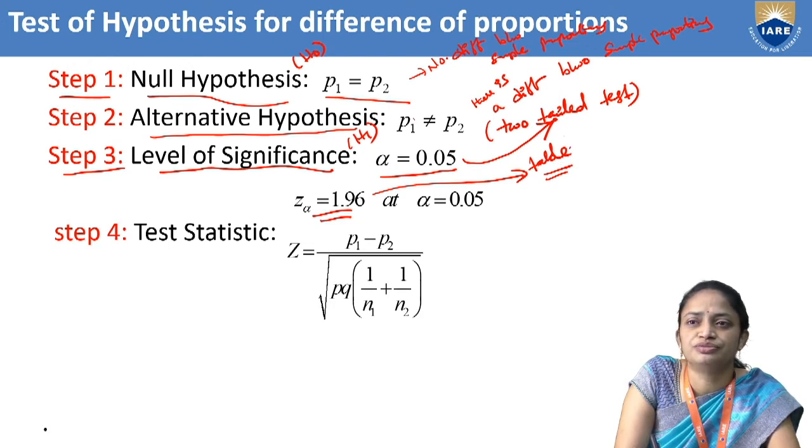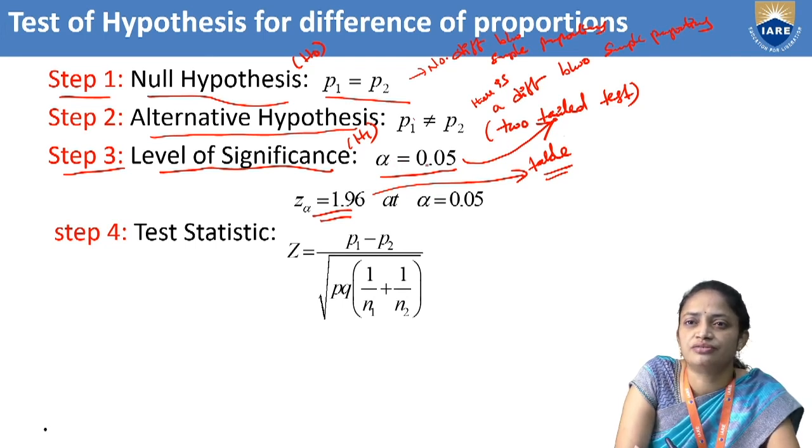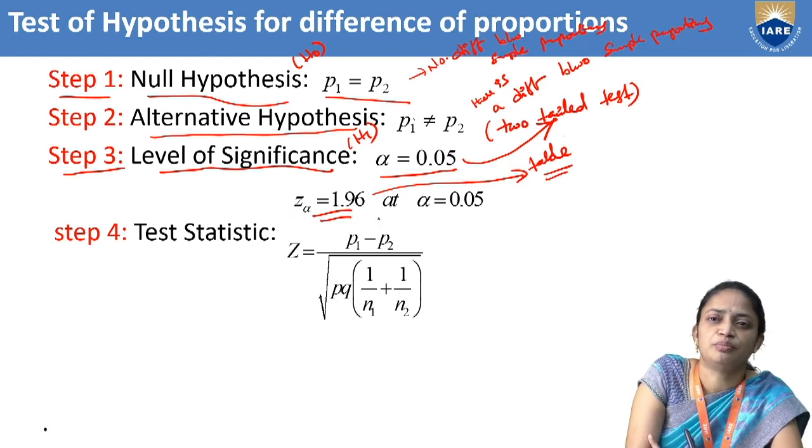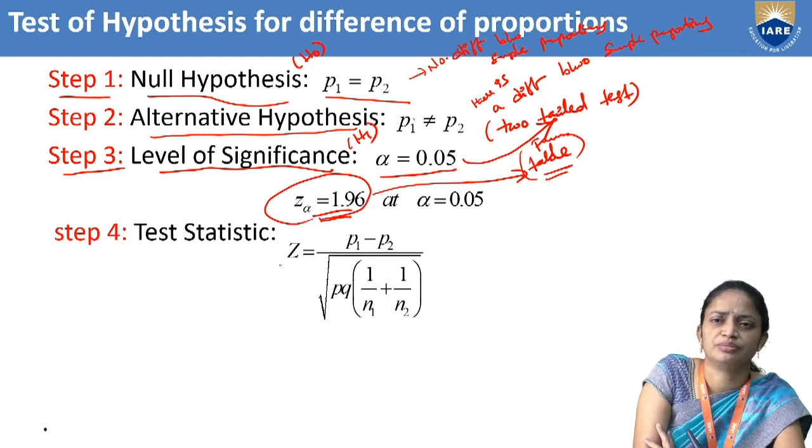Here you have to take alpha equal to 0.05 in a two-tailed test, so Z alpha equal to 1.96. So this value we have taken from the table.